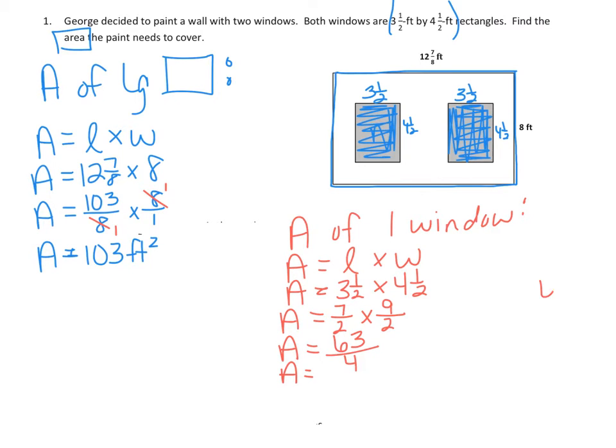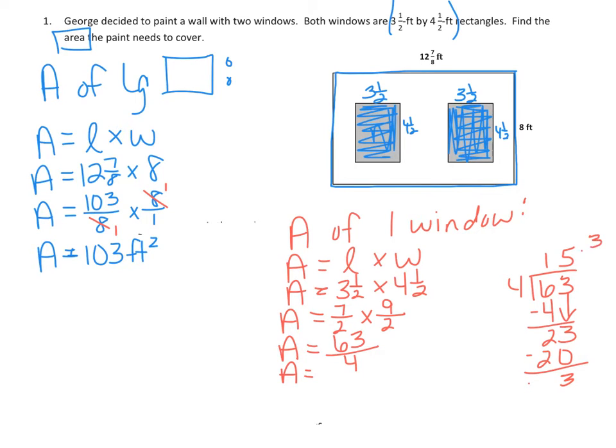So I need to divide 63 divided by 4. 6 divided by 4, how many 4s going into 6 is 1. 1 times 4 is 4. Subtract is 2, bring down the 3. 23 divided by 4 is 5. 5 times 4 is 20. Remainder 3, so I make it a fraction.